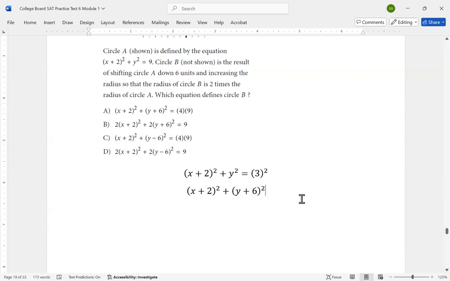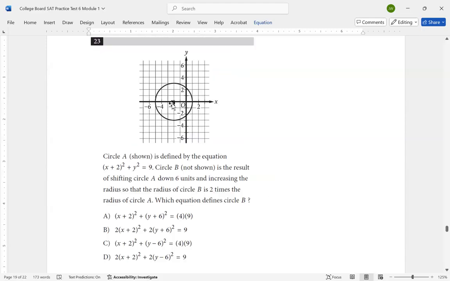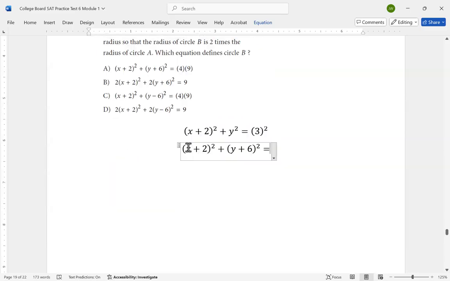Be careful about that. That's a y plus 6, because our new center is going to be (-2, -6). So in order to shift down, go y plus 6.